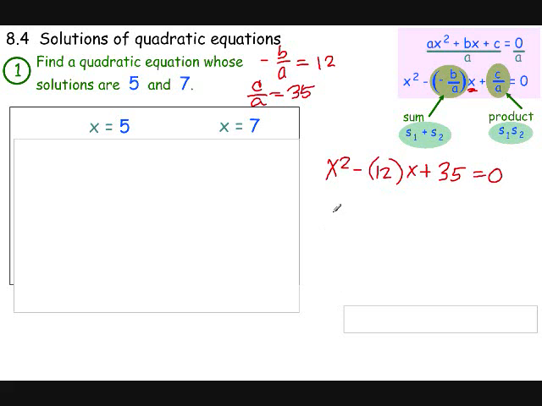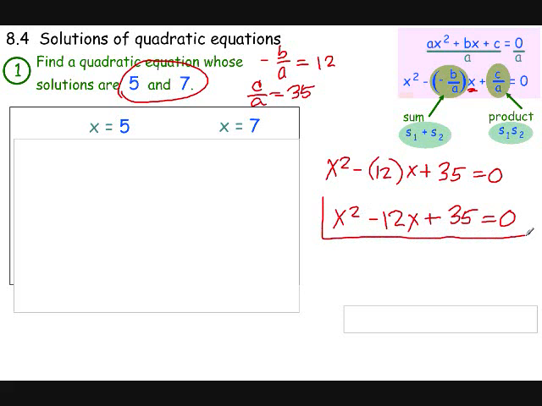So the quadratic equation whose solutions are 5 and 7 is x squared minus 12x plus 35 equals 0. Now you see that this is actually rather powerful. If you know this, you can figure out that equation fairly quickly, a lot quicker than the other approach that we have used.